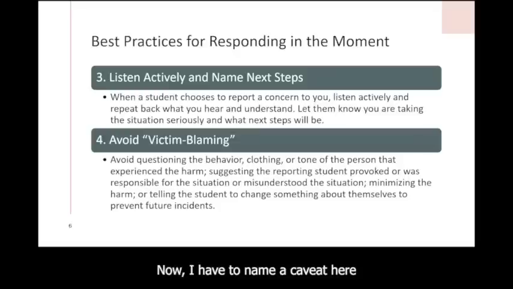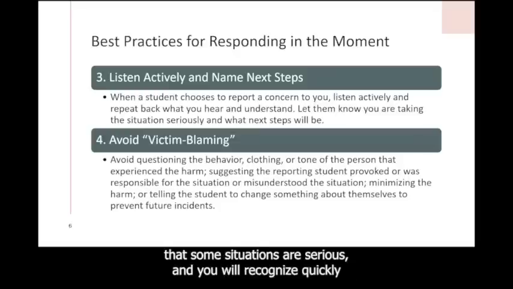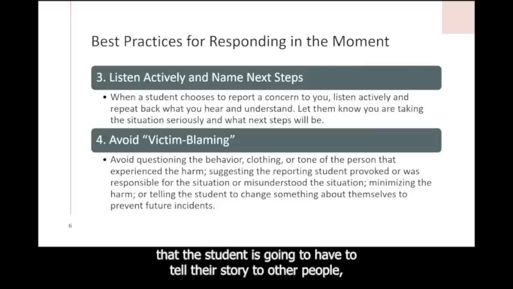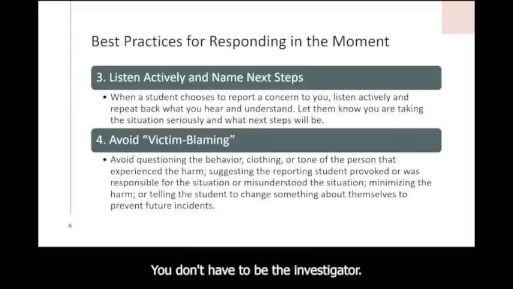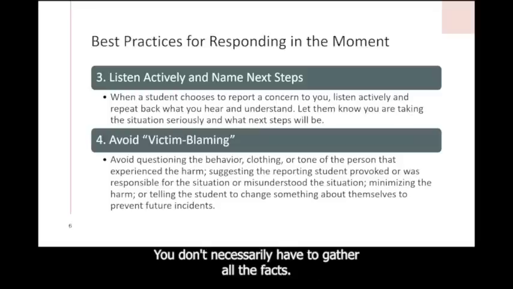Now, I have to name a caveat here that some situations are serious, and you will recognize quickly that the student is going to have to tell their story to other people, whether that's the police or a Title IX coordinator or a dedicated discrimination harassment coordinator. In these situations, you don't have to be the investigator. You don't necessarily have to gather all the facts.